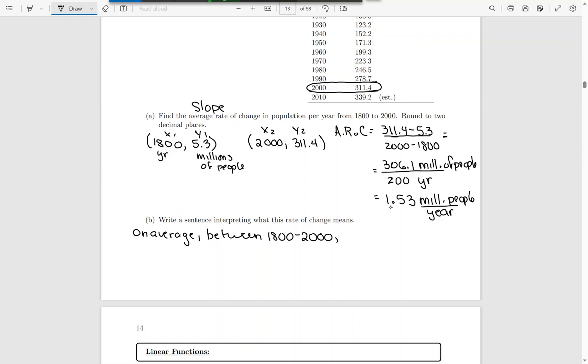Well, it's positive, so something increased by 1.53 million people per year. So the population increased, or got bigger, or went up, however you want to say increased, by 1.53 million people per year.